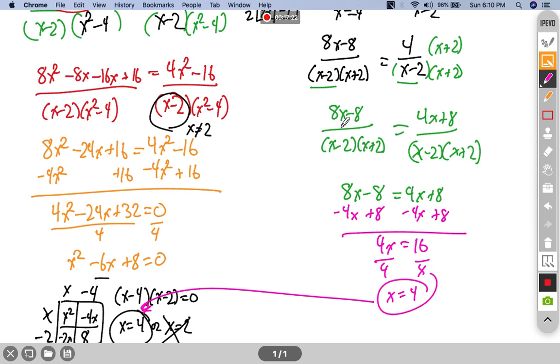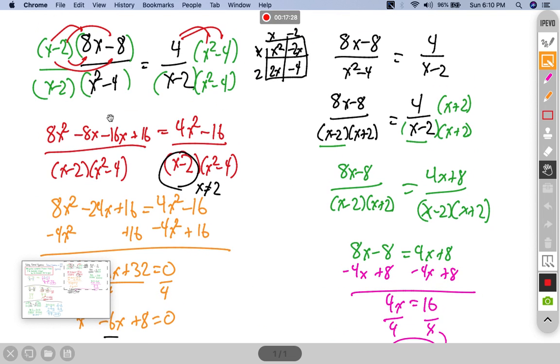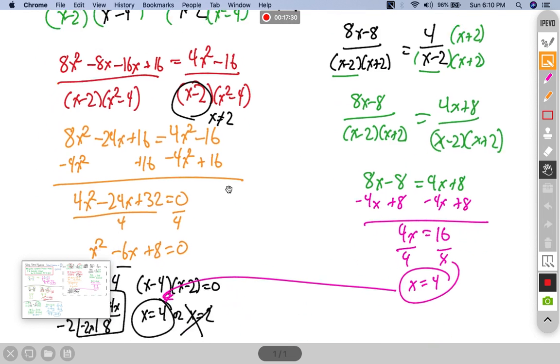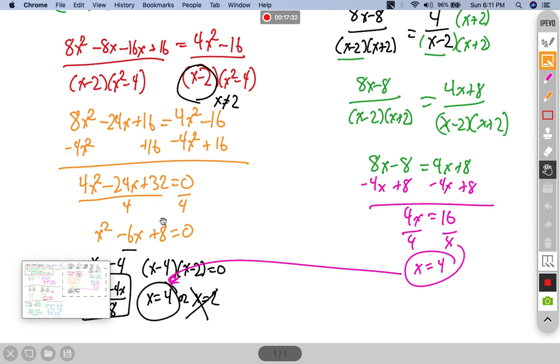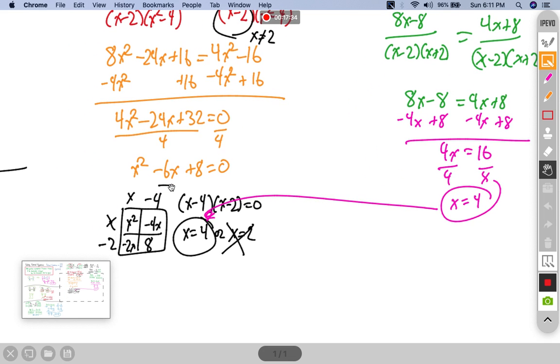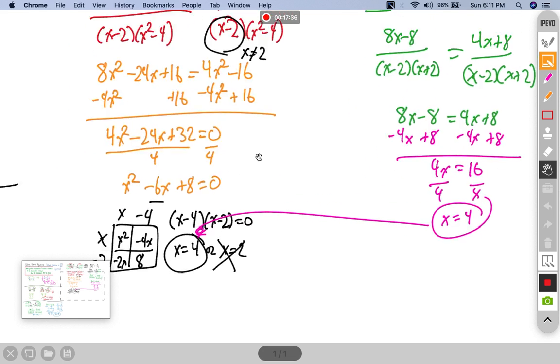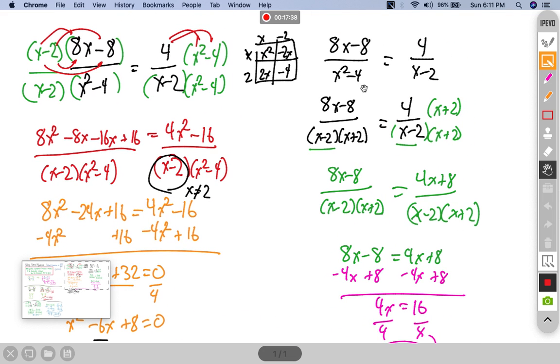And this was a lot easier to do. I didn't have to FOIL out. I didn't have to deal with a quadratic equation. I didn't have to try to factor that quadratic equation, although I did have to factor to find this common denominator. But this will help you if you can do it.